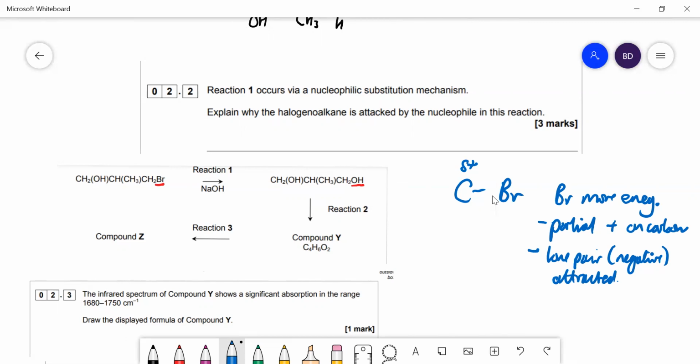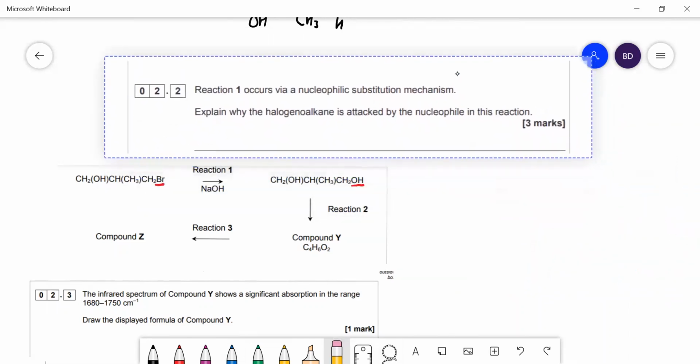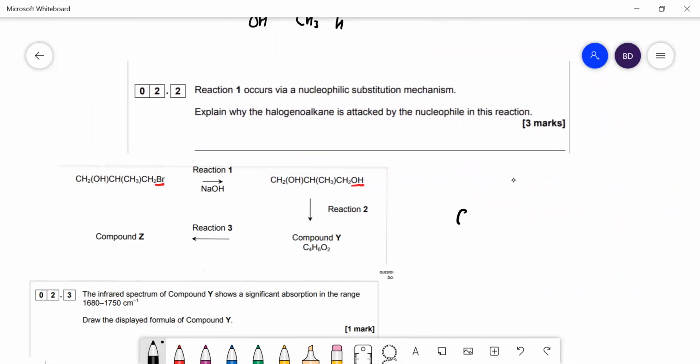So let's have a look at compound Y. It's not immediately apparent exactly what's going on there. So we have got 3 carbons long. We've got a CH3 there, and we have got an OH now on both ends. So we've got 2 primary alcohols.